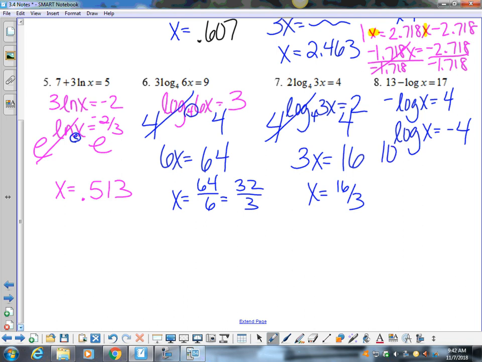Don't touch calculator. 10 to the -4th. 10 to the 4th, and then move it to the bottom. 1 over 1,000, 10,000, 100,000. 10 to the 4th means 4 zeros. The negative just means move it.